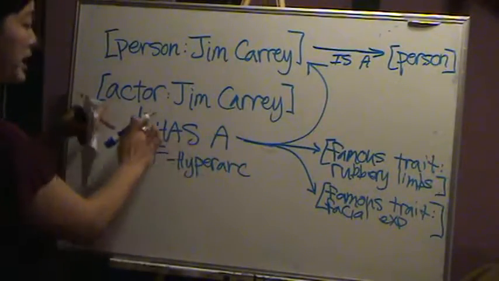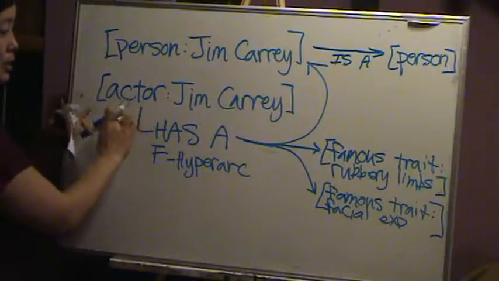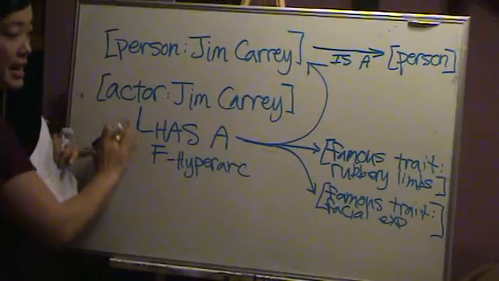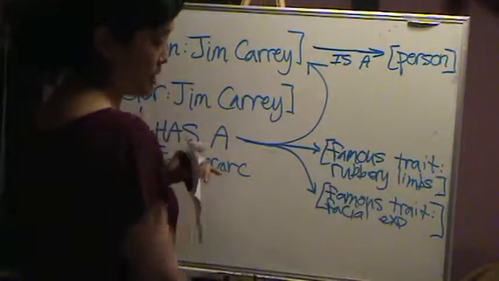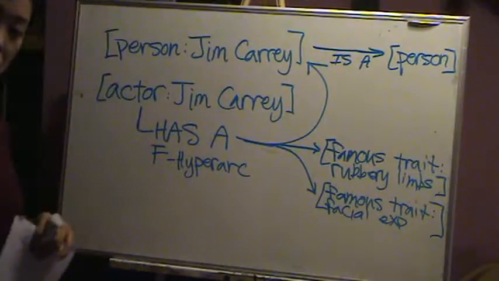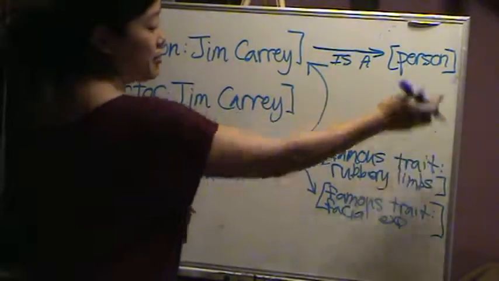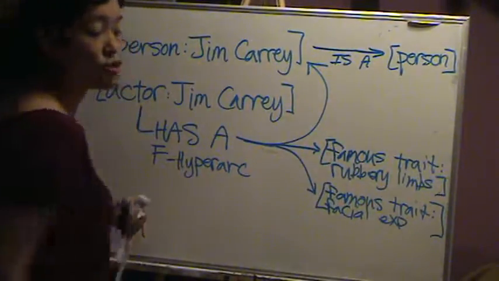And really any property value pair is a property, whatever property is on the left. So actor Jim Carrey is an actor. Famous trait rubbery limbs is a famous trait. And that logically makes sense because person Jim Carrey is an instantiation of a person. Famous trait rubbery limbs is an instance of a famous trait.